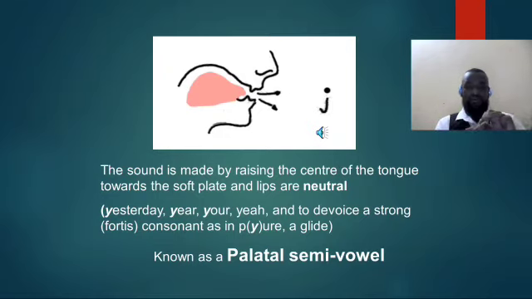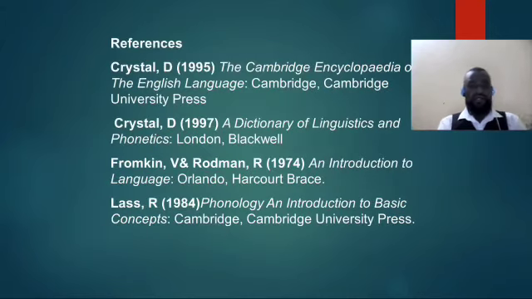Shape of lips: is it round, neutral, spread? And the place of articulation: is it bilabial, labiodental, palatal? Semi-vowels are known as the ya sound. This is our first part today, inshallah.